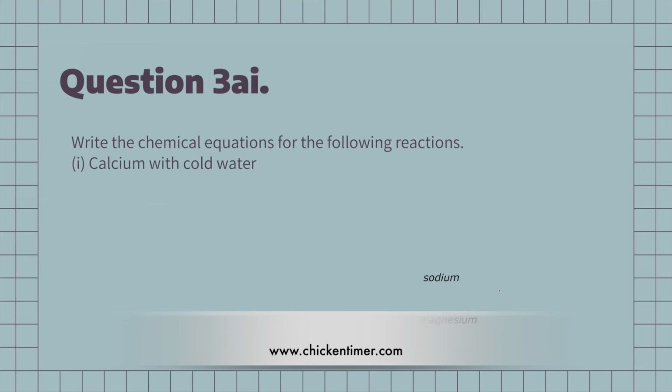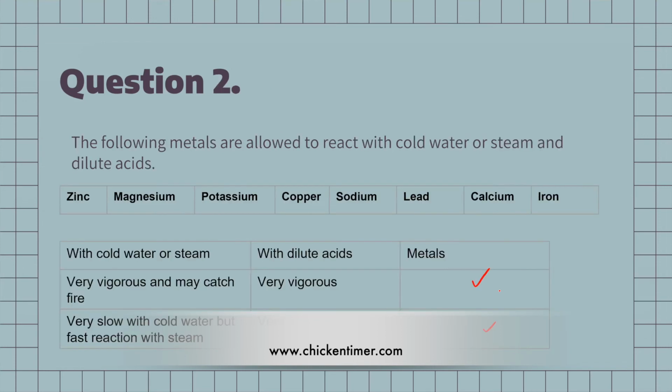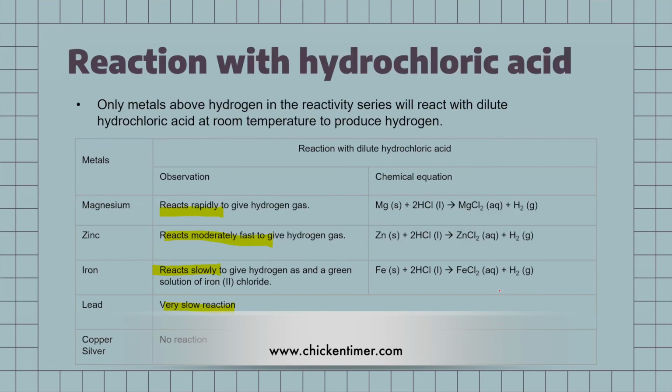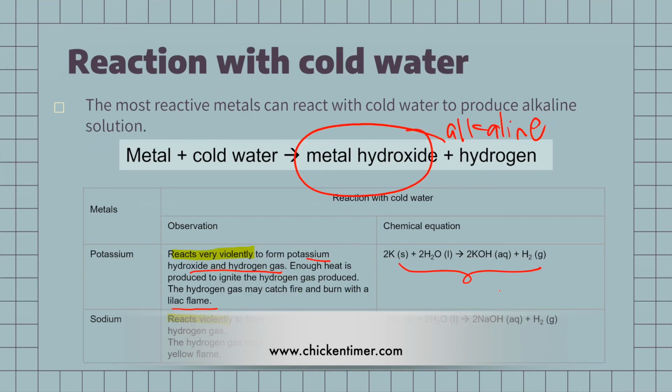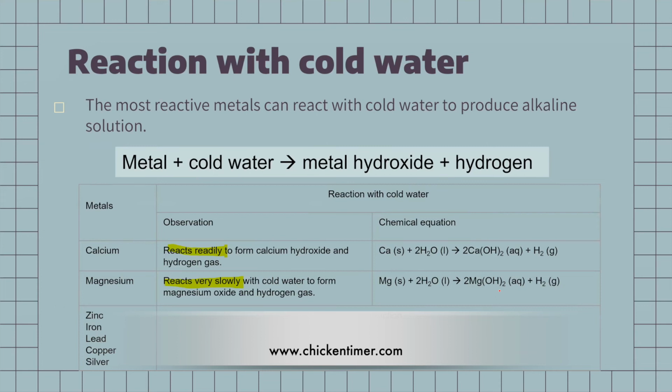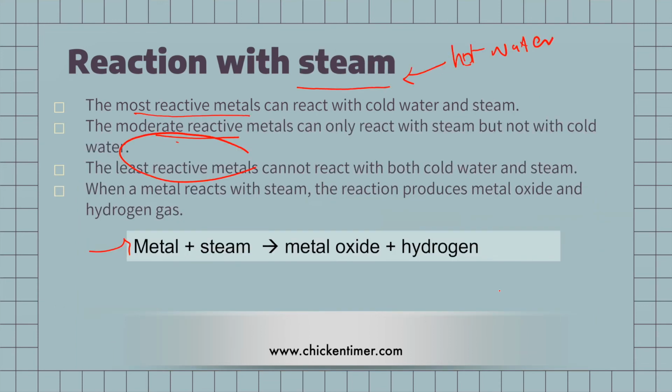Okay, something that you should already know. You're supposed to write chemical equations for calcium with cold water. So let's do a bit of recalling, just in case you forgot. Metals reacting with cold water will produce metal hydroxide and hydrogen gas. Then the other one, which is metal and steam, will react to give you metal oxide and hydrogen gas.